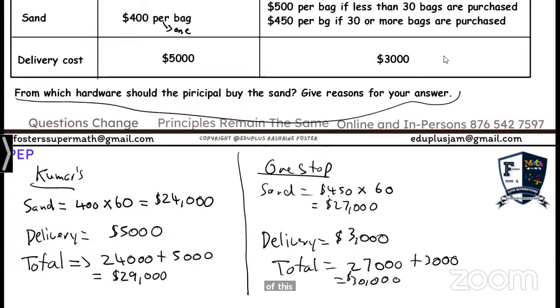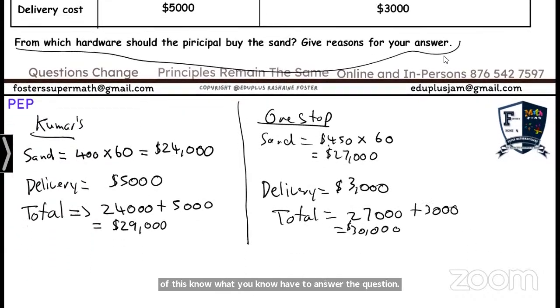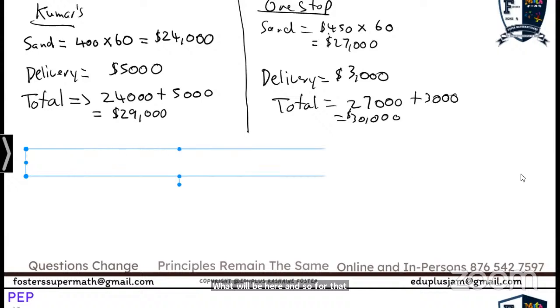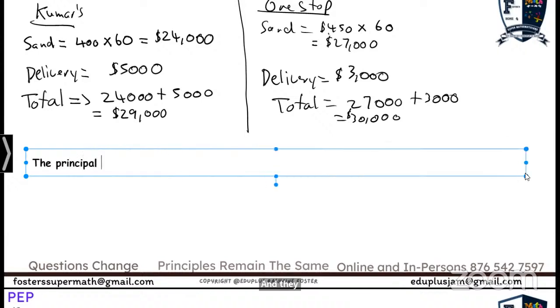Based on all of this, you now have to answer the question. The question says, from which hardware should the principal buy the sand? What will be your answer for that? Kumar's hardware store. And they say state a reason. What is your reason? Because it is cheaper than one stop. And remember, when you're answering these questions, make sure that you use proper sentences.